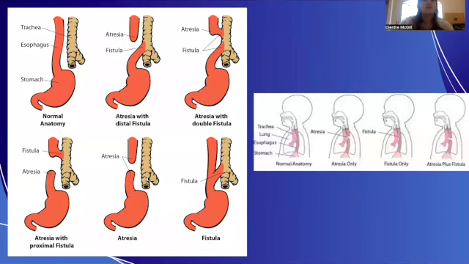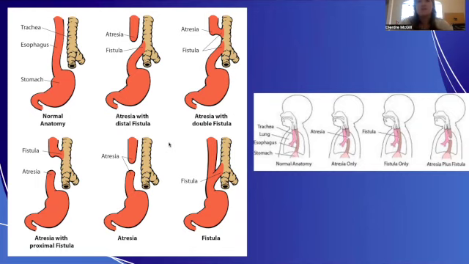So here's a couple pictures of atresia and fistula. As you can see on the very top left, here's kind of what normal looks like. The trachea and the esophagus are completely separate from each other, and the esophagus goes straight down to the stomach.